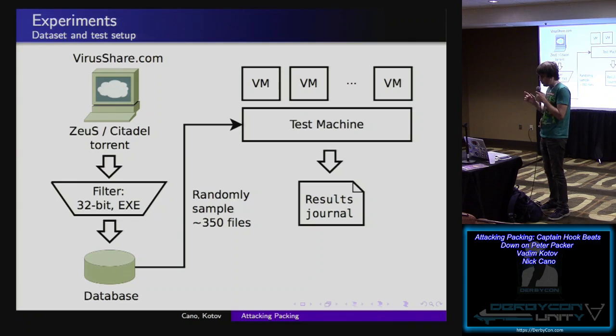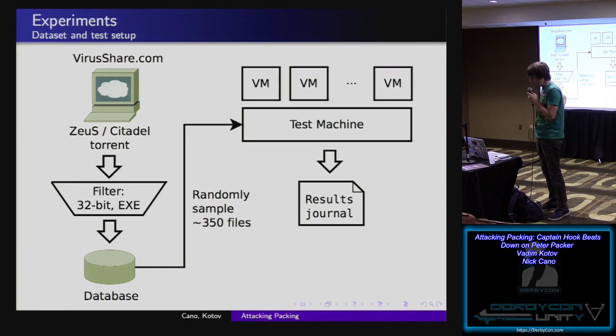So we then filtered. We only included 32-bit executables, so DLLs are not supported for now, and 64-bit is not supported for now. We put everything into a database, and for each experiment we sample 350 files randomly from that dataset and submit them to our test virtual machines. The number 350 has no scientific rationale.